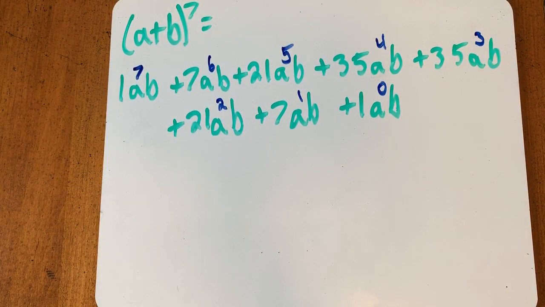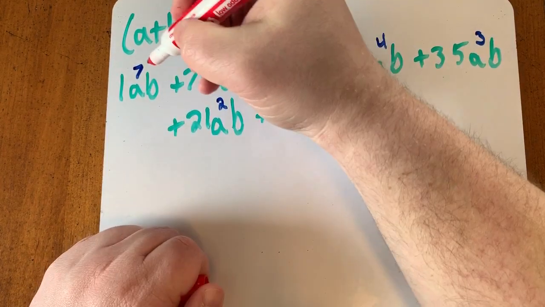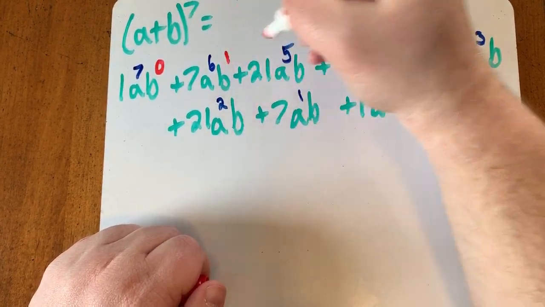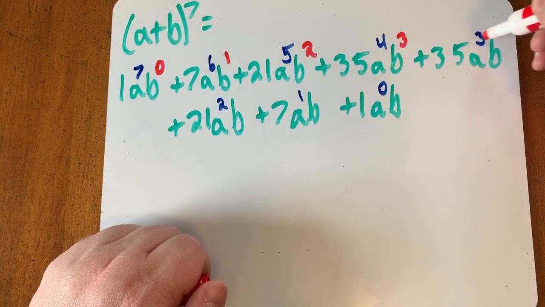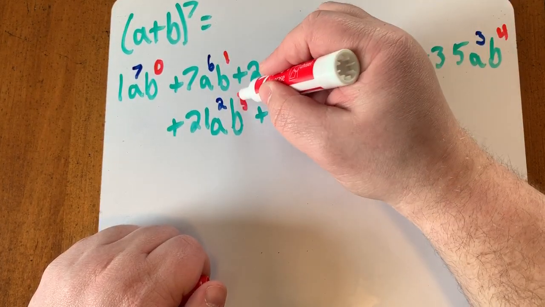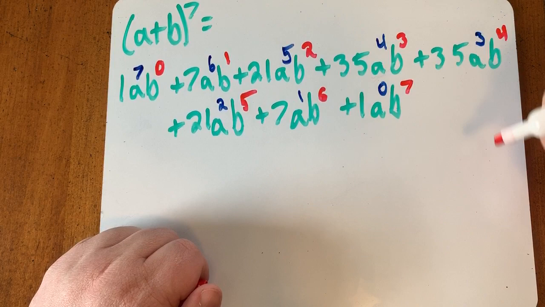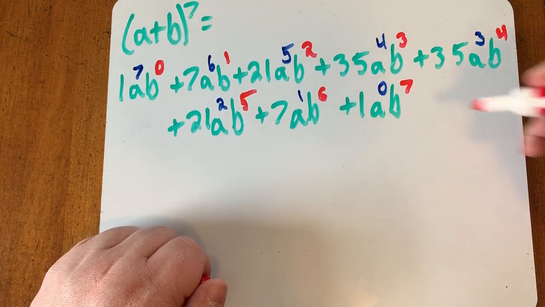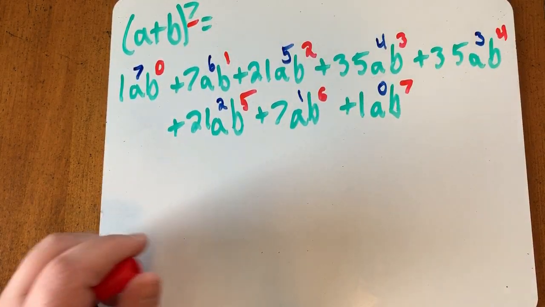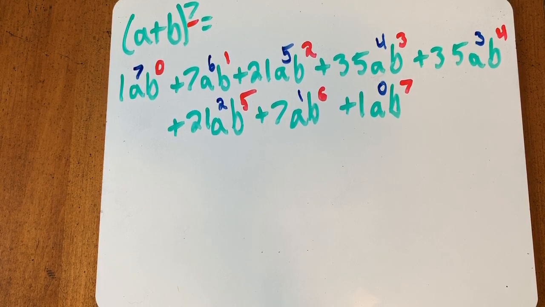The power on your B will start with your lowest power, which is 0, and count up. 0, 1, 2, 3, 4, 5, 6, 7. The sum of these powers should always be the power on your binomial. And now it's just simplifying. It's just a matter of simplifying your expression.